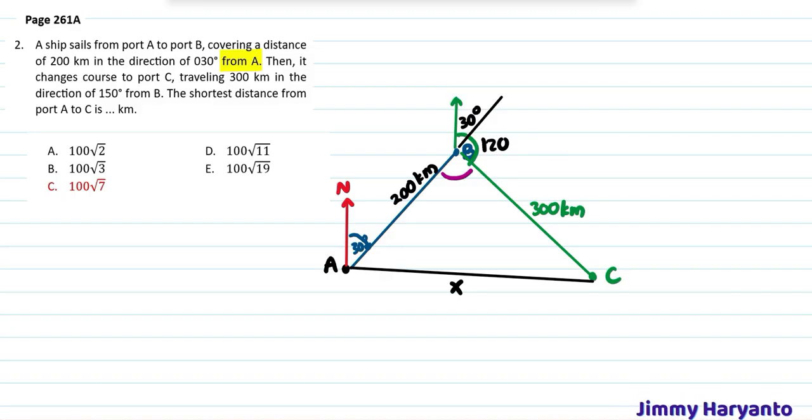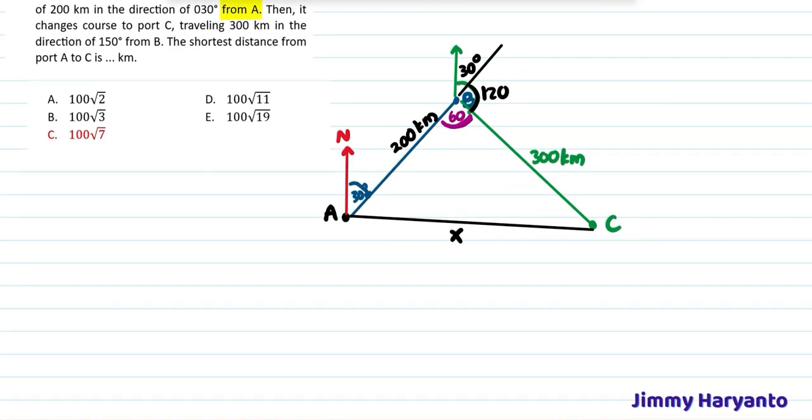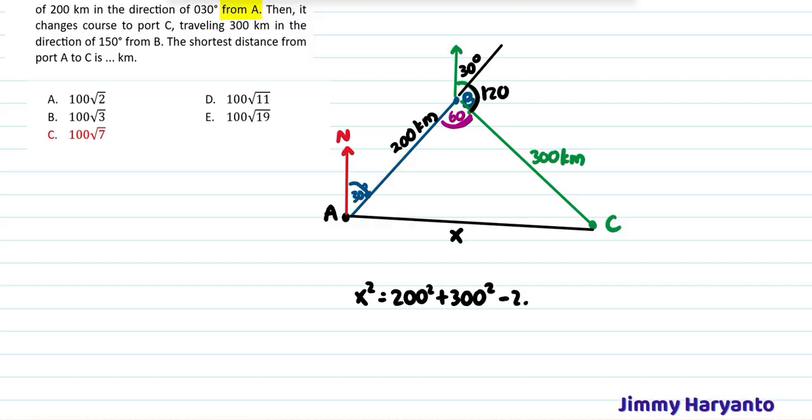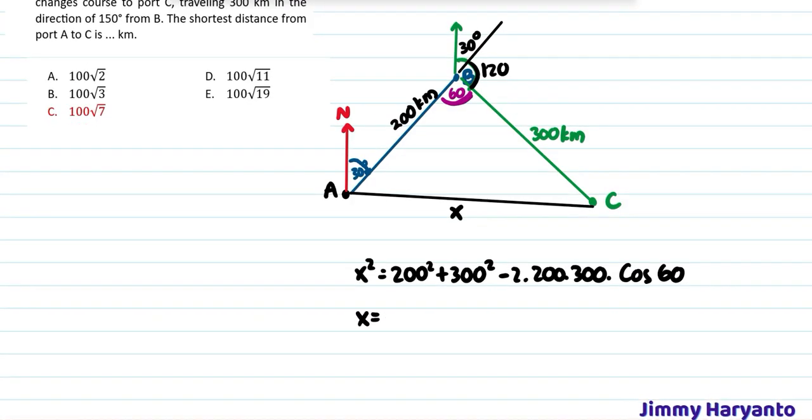So this one is 120. This big, yeah, 120. Okay, and then next is to find this. So this one is 60. Okay, that means x square equals to 200 square plus 300 square minus 2 times 200 times 300 times cos 60.